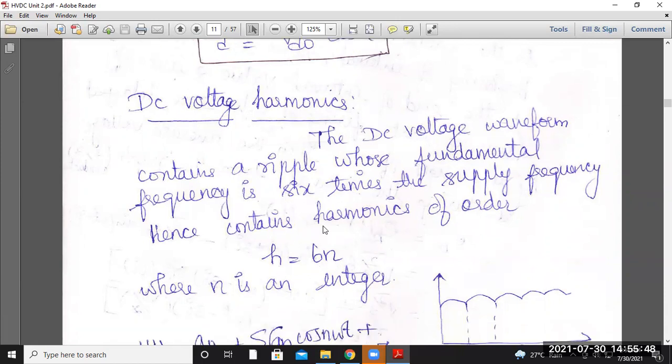And because of this 6 times, the harmonics are written as h equal to 6p. As you already know, the number of harmonics is given as h equal to np. Here p is 6 times the supply frequency, so put the value of p as 6, and you will get h equal to 6n, where n is an integer.